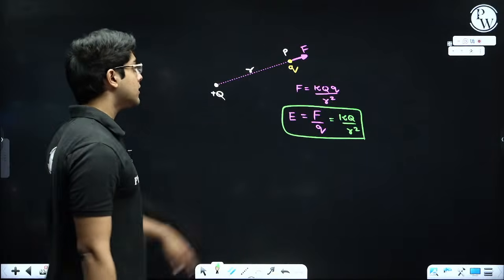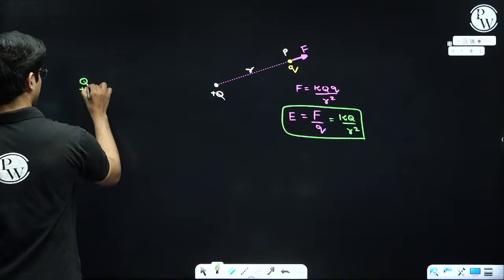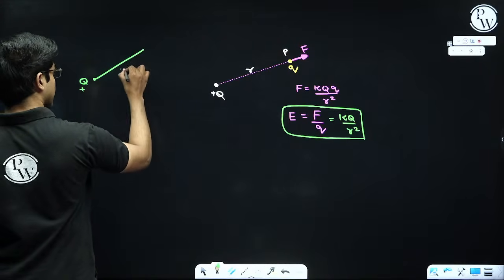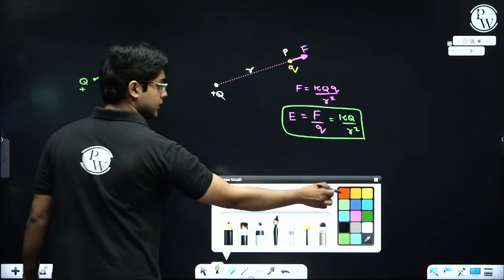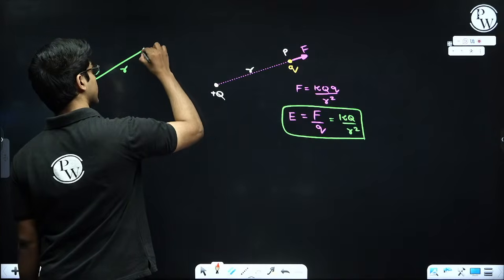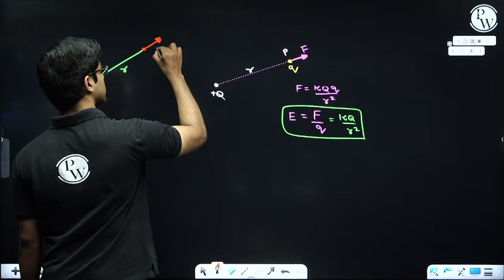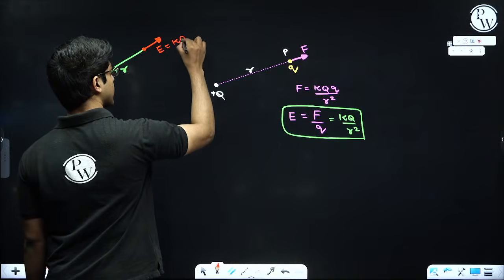Now you can take the q charge away, and you can say due to this plus q charge at a distance r away, its electric field is in this direction, same direction as the force, and its magnitude is kq divided by r square.